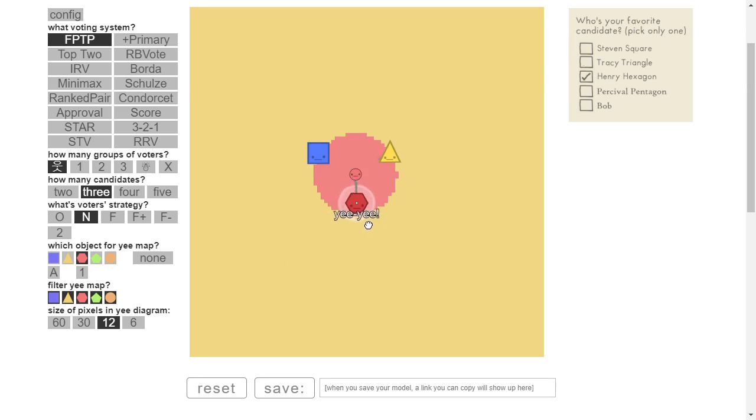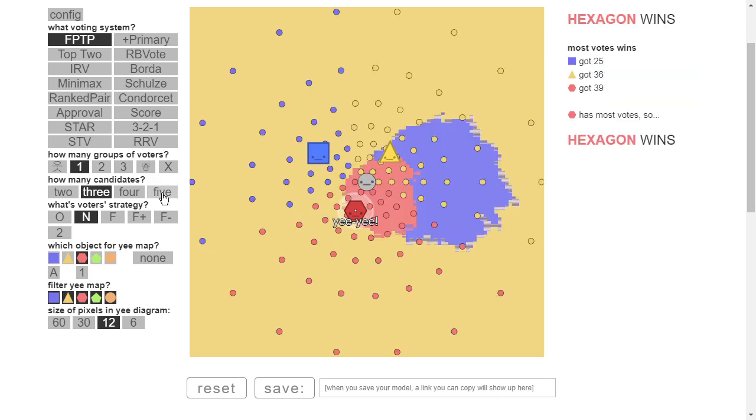So if we apply this kind of idea to that situation where red had no chance of winning, let's see what happens. That's interesting. Did I do that right? So red is winning in this area. You know what?